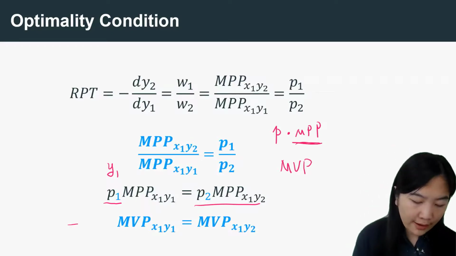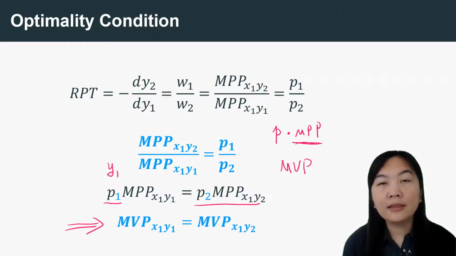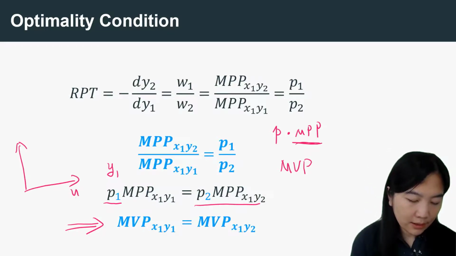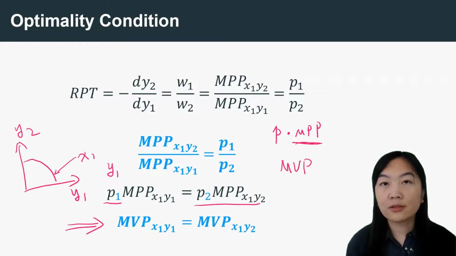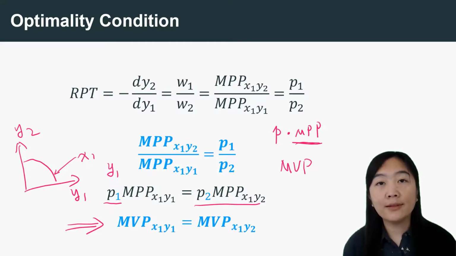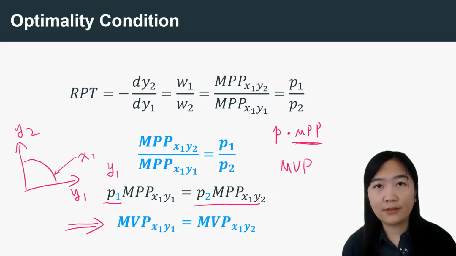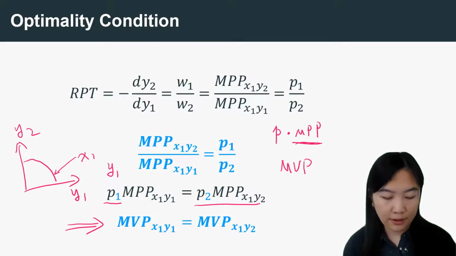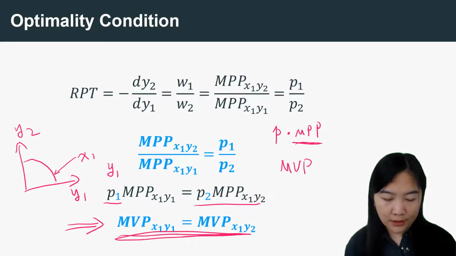Again, you have to bear in mind that this condition holds when your input level is given. If we put this in a graph, with y1 and y2 and this is your x1, that is along that one single product transformation curve. Along that curve, if you want to find a combination of y1 and y2 to maximize your revenue, you use this condition.